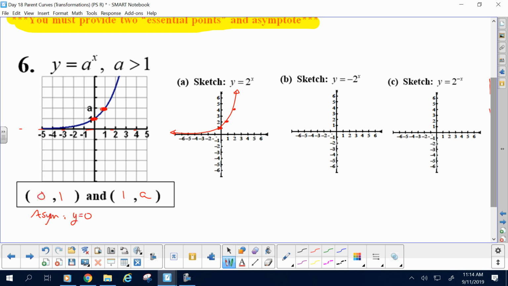So if the negative is outside the function, it changes up and down. So instead of 0, 1, we're going to get the point 0, negative 1. Instead of the point 1, 2, we'll get the point 1, negative 2.